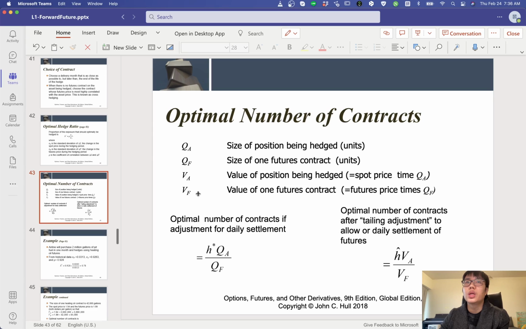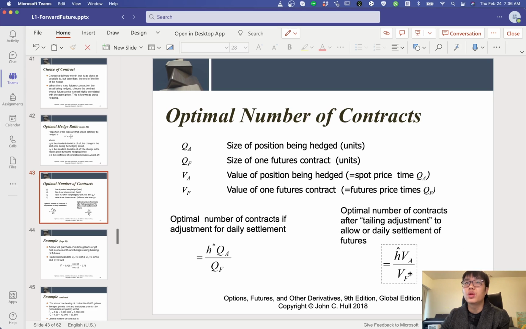Another way is that we can have H hat, and you can use value. So it's not in units but in value, for example in dollars. So the total dollar value of the position you have, and the total dollar value of each futures contract.